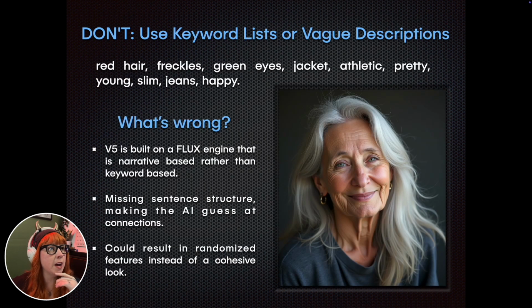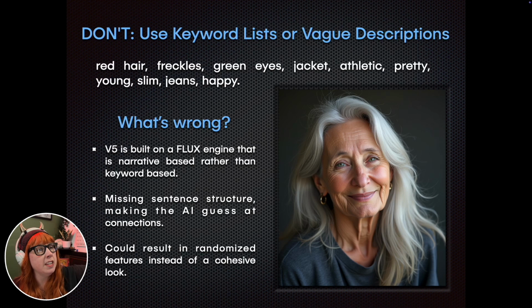Okay, let's go here. Don't use keyword lists or vague descriptions. Red hair, freckles, green eyes, jacket, athletic, pretty, young, slim, jeans, happy. No. What's wrong? V5 is built on a Flux engine that is narrative-based rather than keyword-based, like we covered before. Missing sentence structure makes the AI guess at connections.